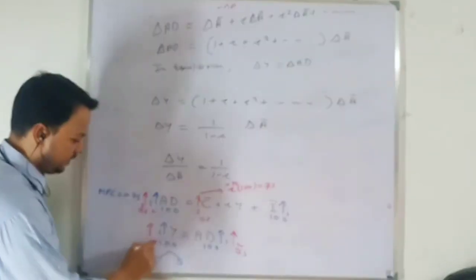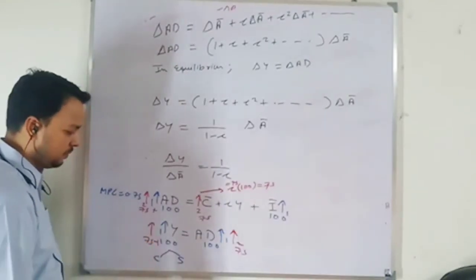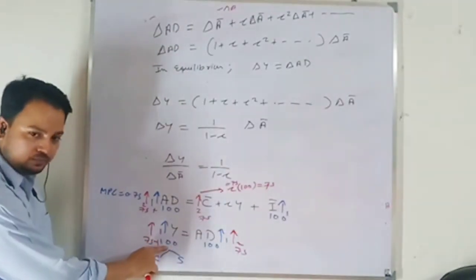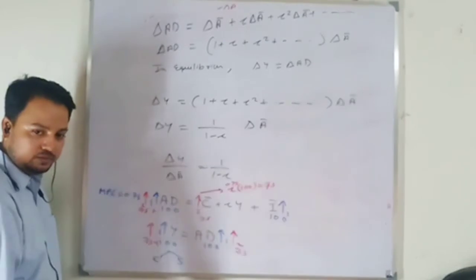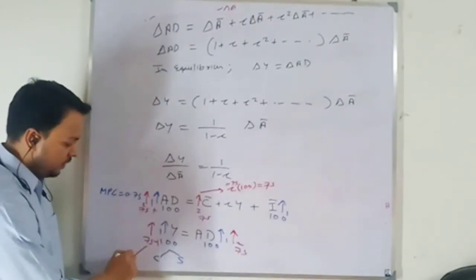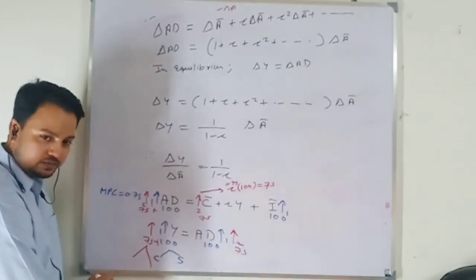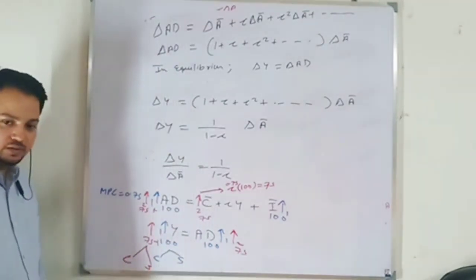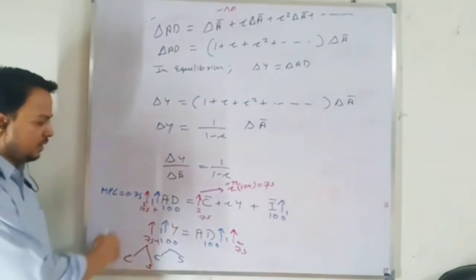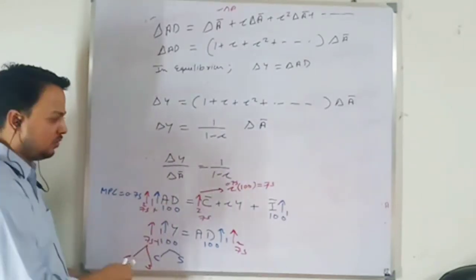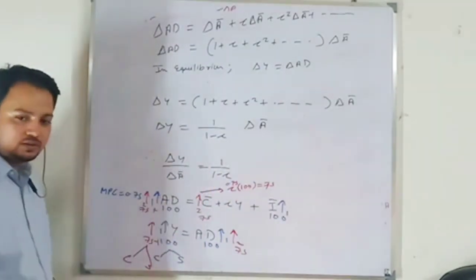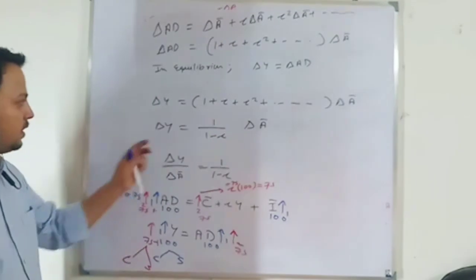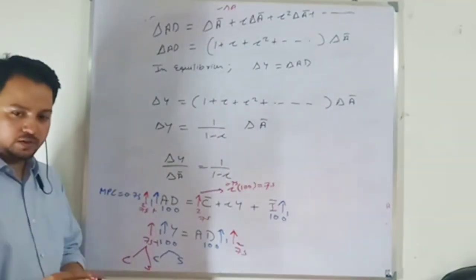The total increase in income is delta A bar plus small c delta A bar. When this increases, consumption and saving will increase again, in the third round. So this is the working of the multiplier through different time periods.